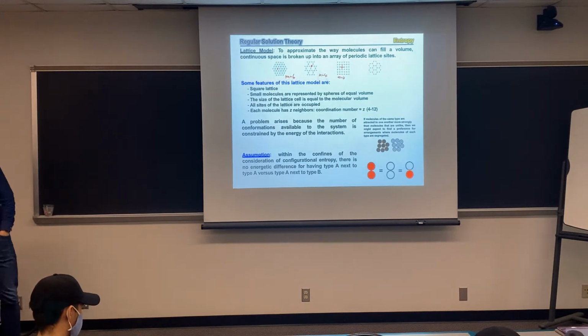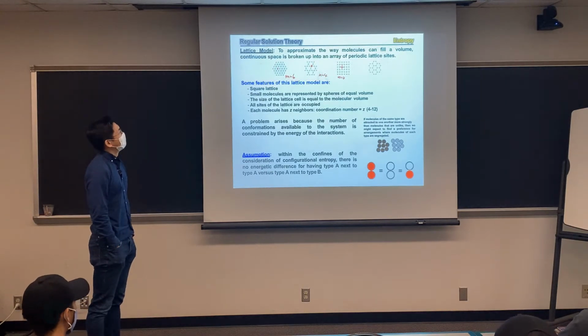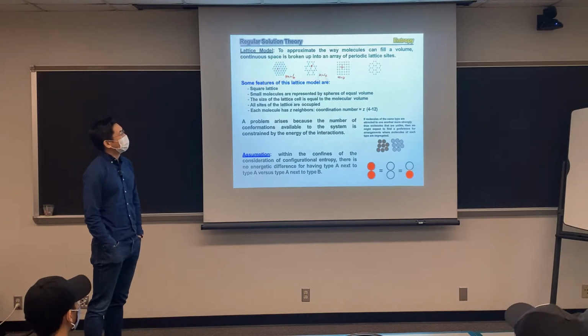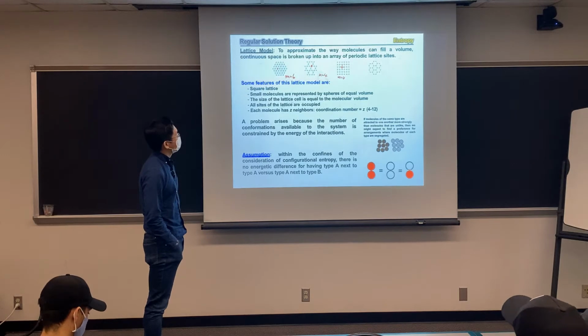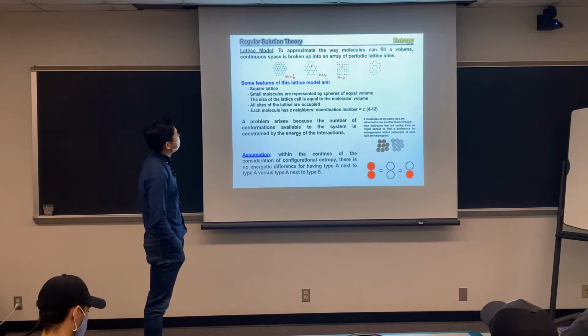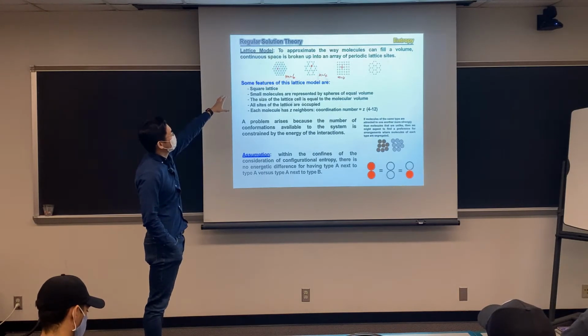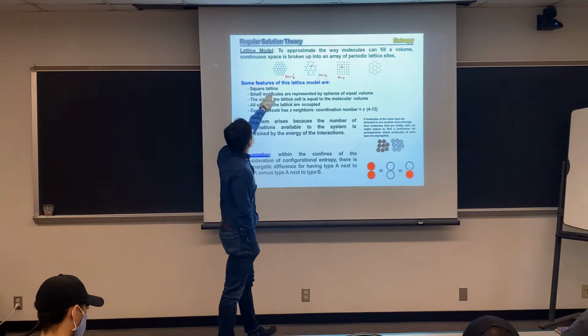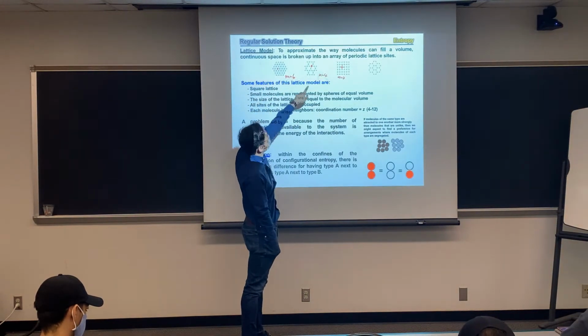So in the lattice theory, let's first talk about enthalpy change. A very simple way to understand enthalpy is how your polymer is packed into a lattice. And that's where the name lattice comes from. So in the lattice model, basically, you can approximate any molecule to fill a specific volume with continuous space on the lattice side.